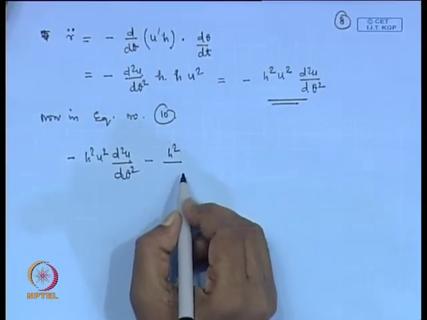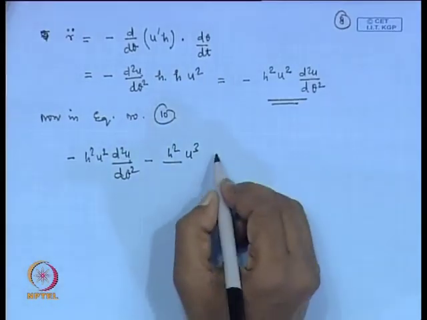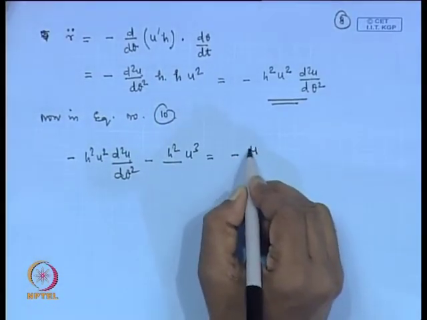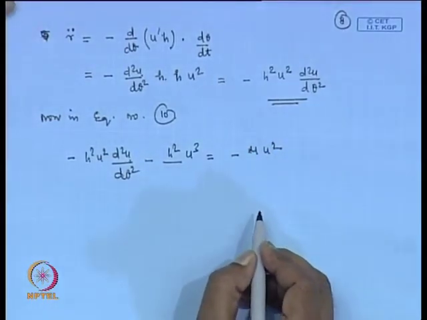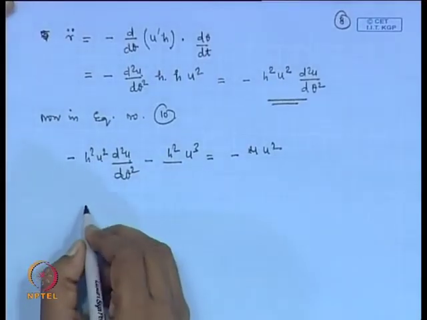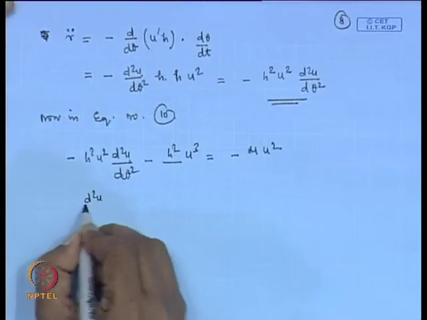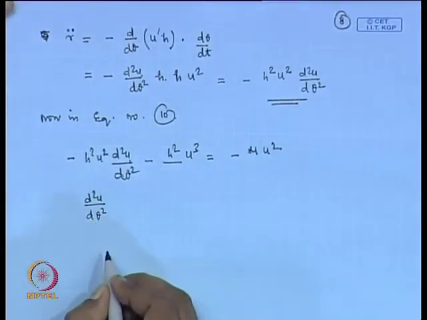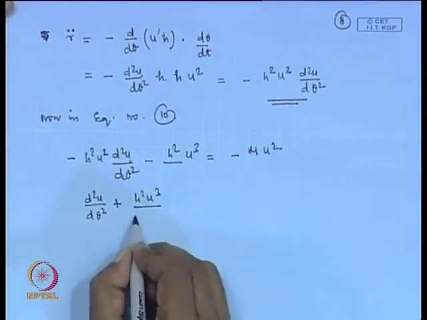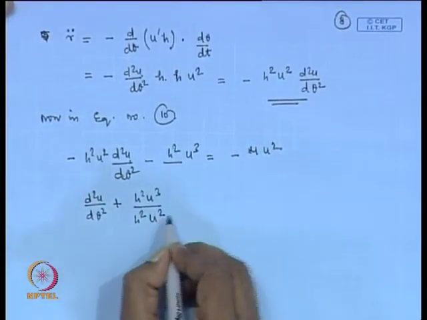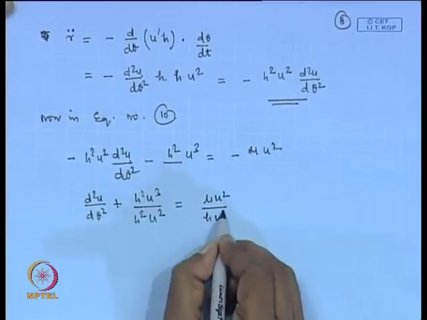So, 1 by r is nothing but u, so we can simply replace this as u cube, equal to minus mu times u square, since 1 by r square becomes u square. Cancelling the minus sign on both sides, this can be simplified as d square u by d theta square plus h square u cube by h square u square is equal to mu square by h square u square.